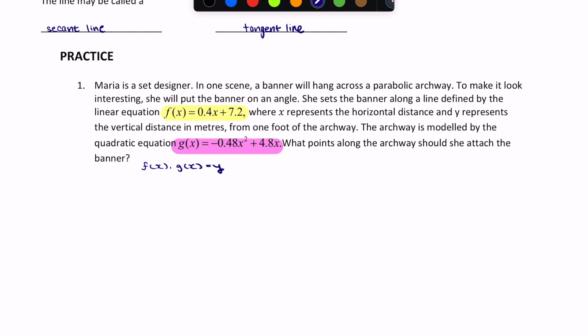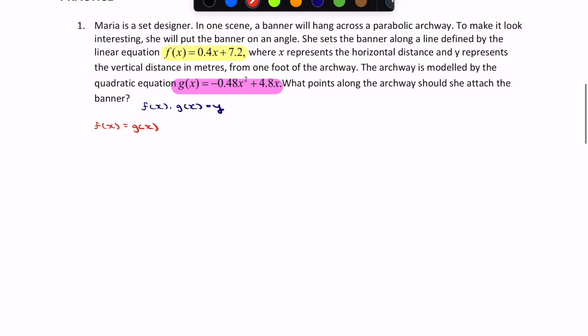And therefore, because they're both equal to y, we can equate the two: f of x is equal to g of x. So 0.4x plus 7.2 is equal to negative 0.48x squared plus 4.8x.